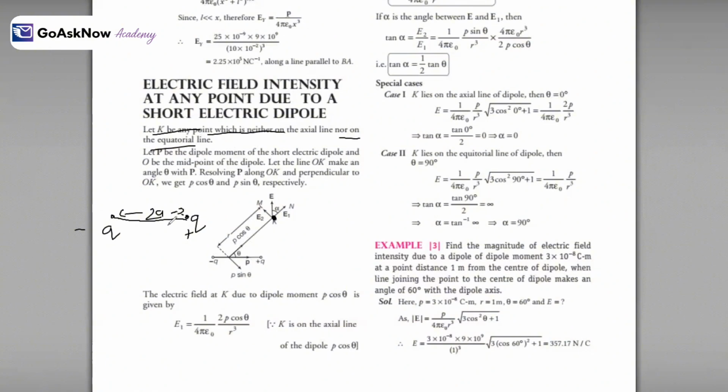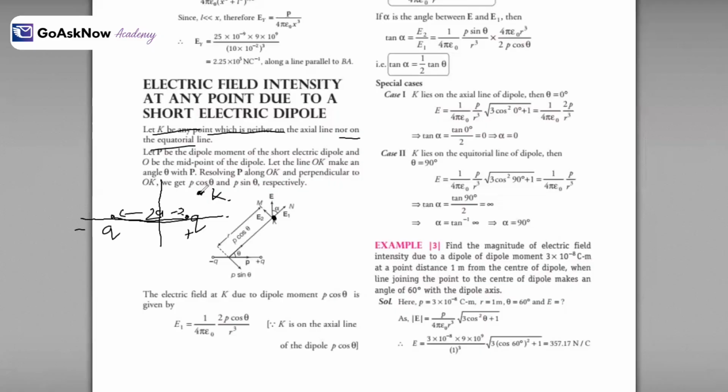Okay, and this is the point K. It is not an equatorial point because it is not on the equatorial line, nor is it on the axial line. It is a random point in space.